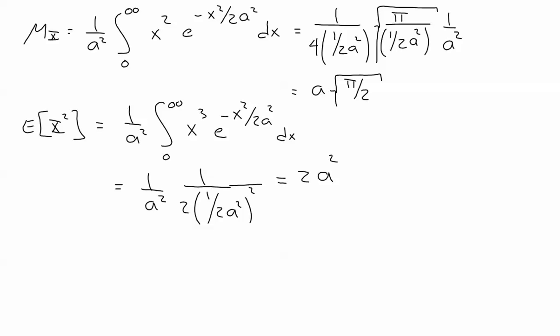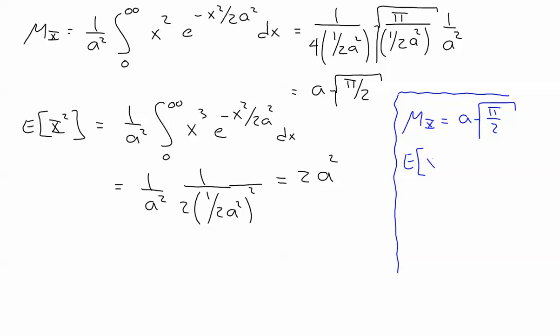All right. So we can summarize over here on the right-hand side a little bit. The mean value for our Rayleigh random variable is a times the square root of pi over 2. The mean squared value is just 2a squared.